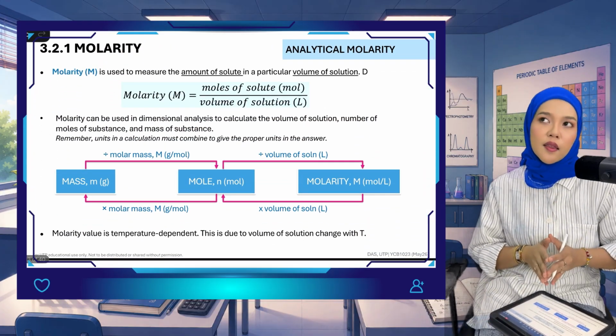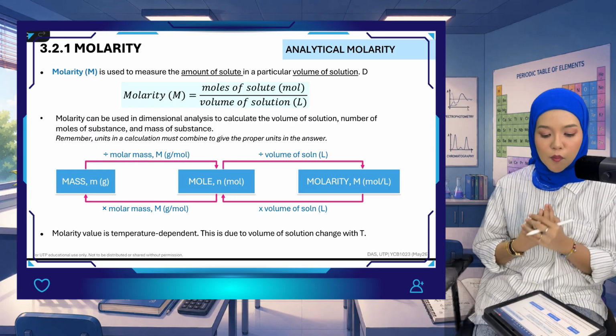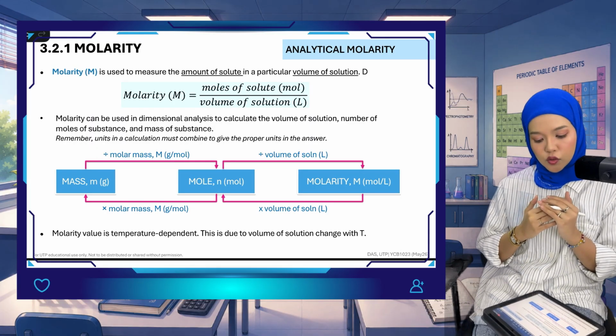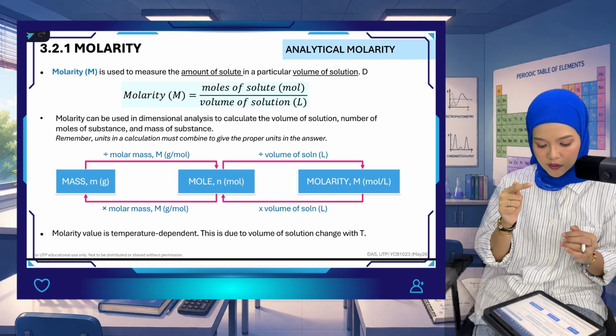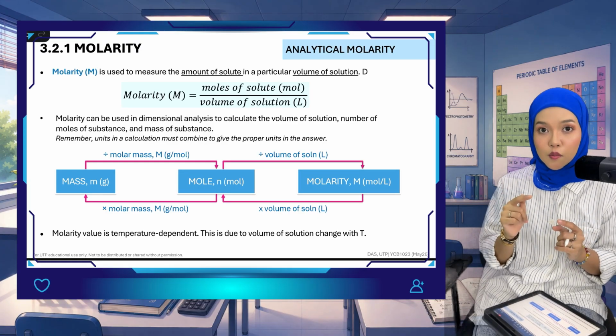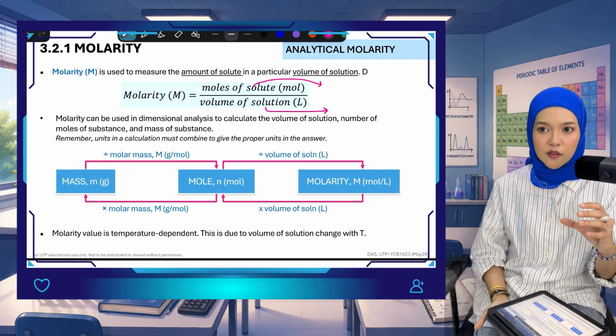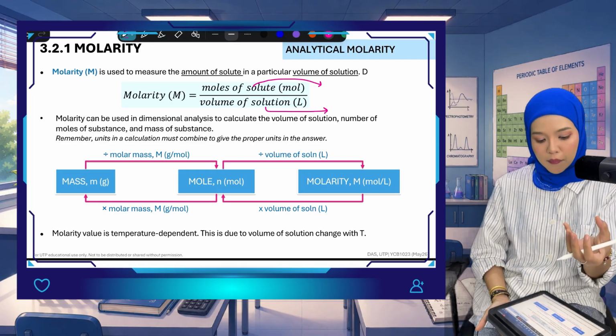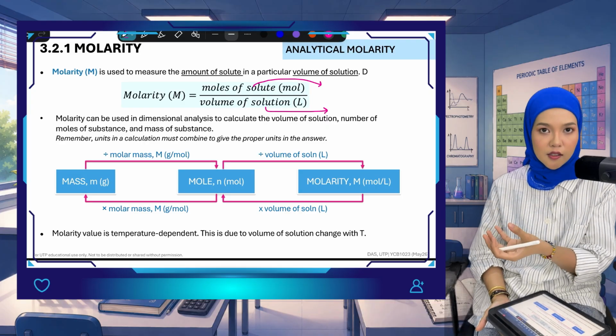The first and most famous one is molarity. Molarity is used to measure the amount of solute in a given volume of solution. Let's say I dissolve this many grams of something in a solution.